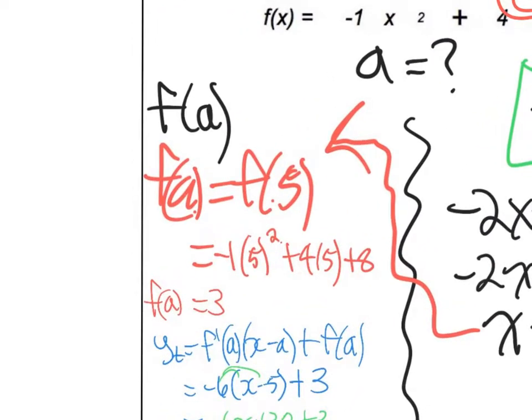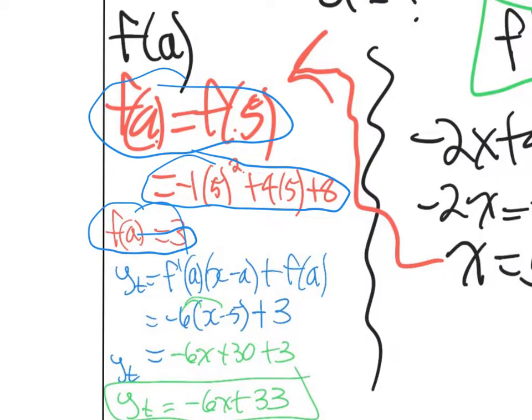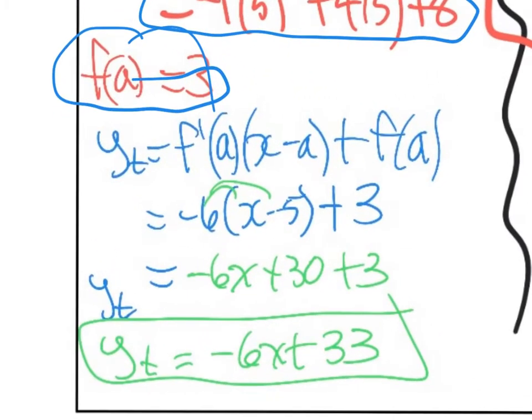Now I know that f at a is f at 5. I need to substitute that 5 into the original equation to get the y value, which I do right there. f at a works out to 3. And from there, I'm just going back to using the tangent equation.